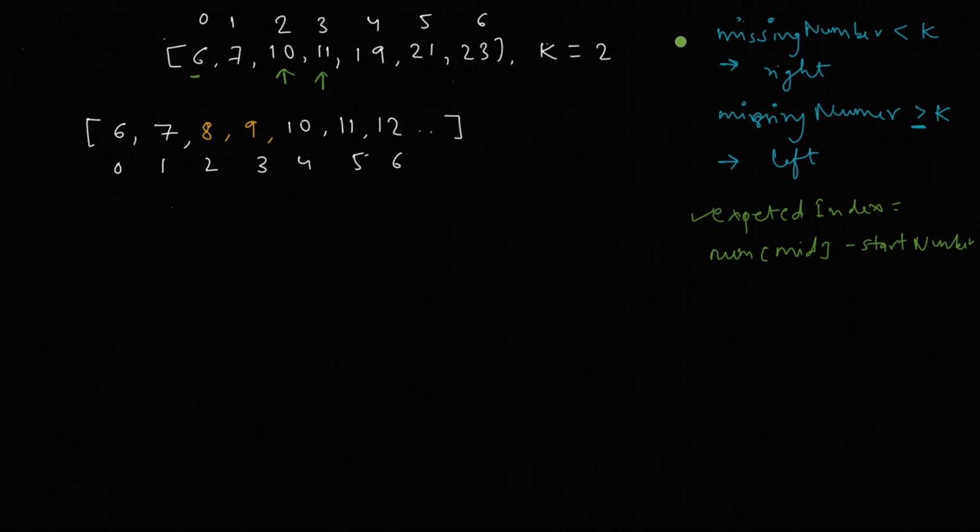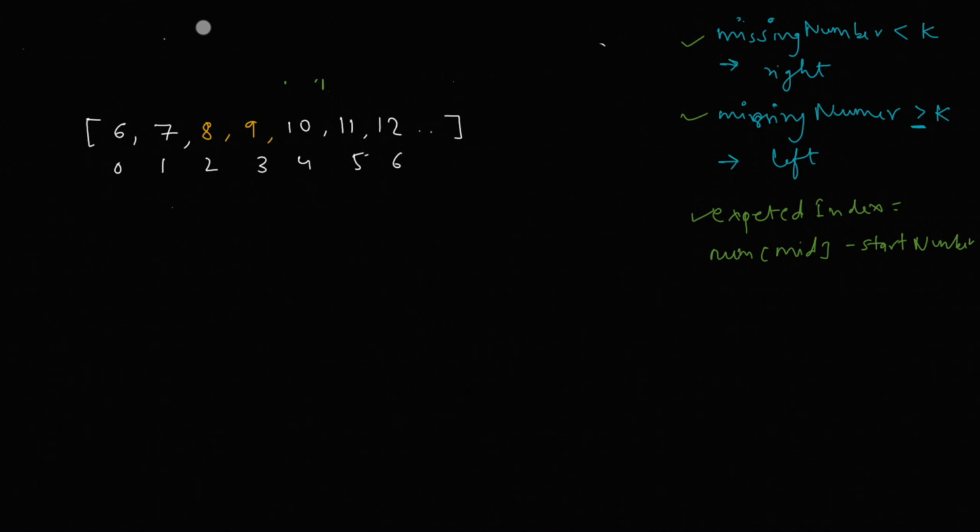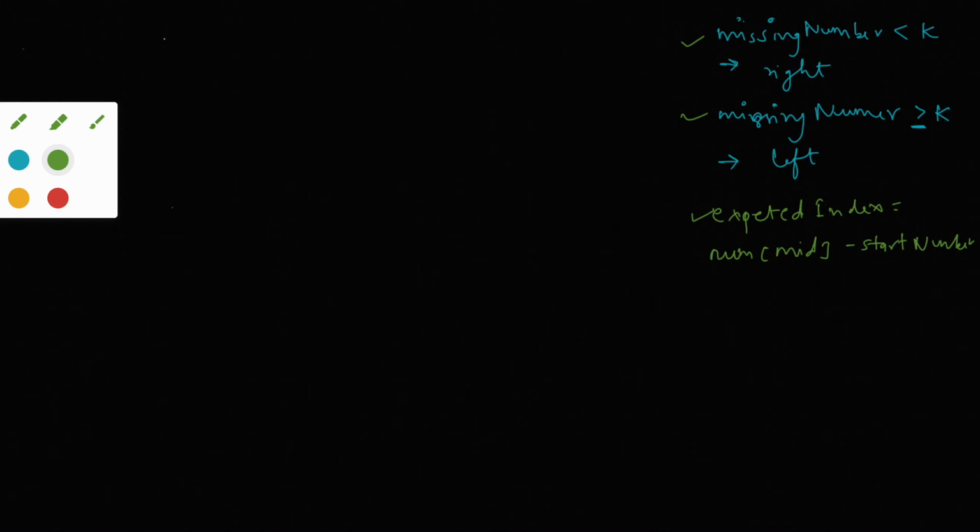So we know how to move our search from left to right while comparing the missing numbers with k, and we know how to find out the expected index. Now the last thing that we want to look at are the corner cases that we're going to run into. What exactly do we return from here? Once the search crosses, your low crosses your high and you come out, mid is going to be pointing to a particular number, but what do you return from your binary search?